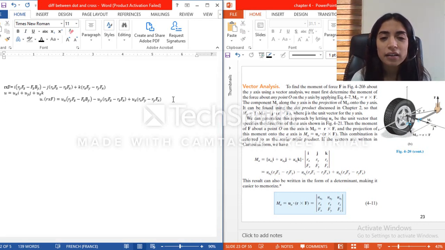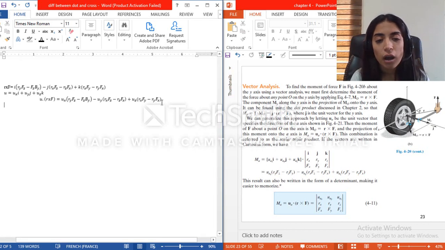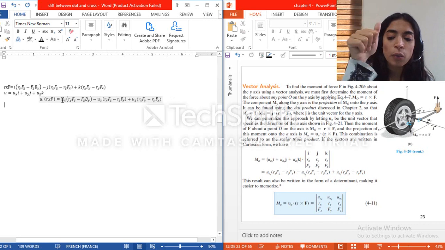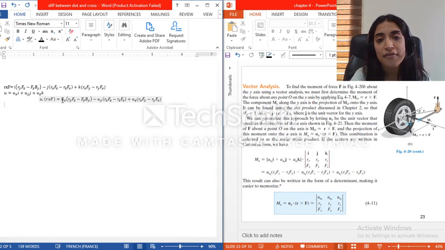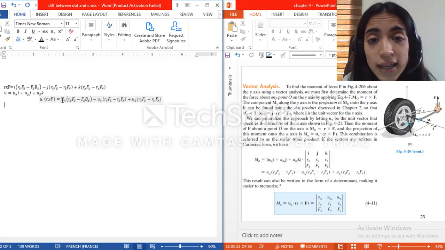Now let's take a look at the answer of u dot r cross f. First of all, is u dot r cross f a vector or a scalar? What do you think? It is a scalar because this is the answer of a dot product. So what is u dot r cross f?